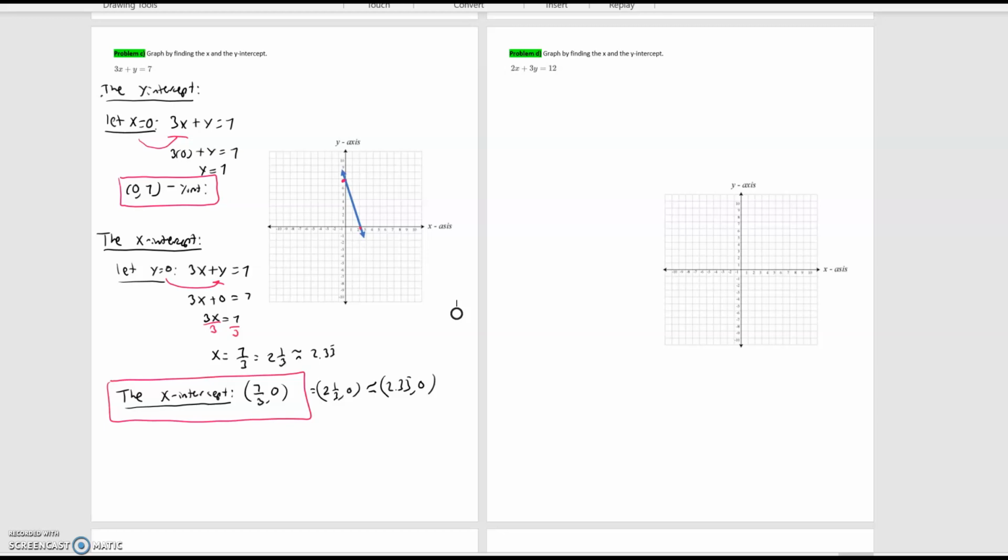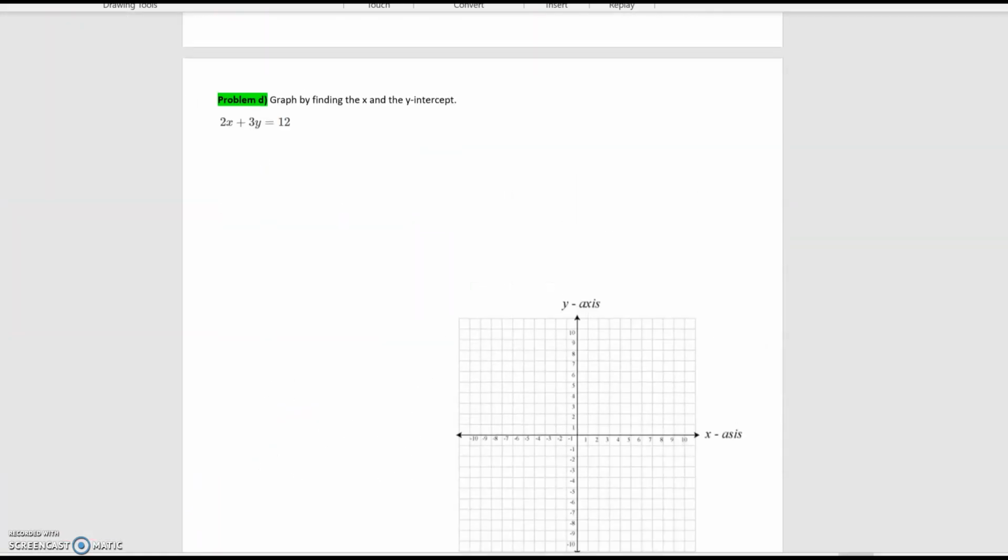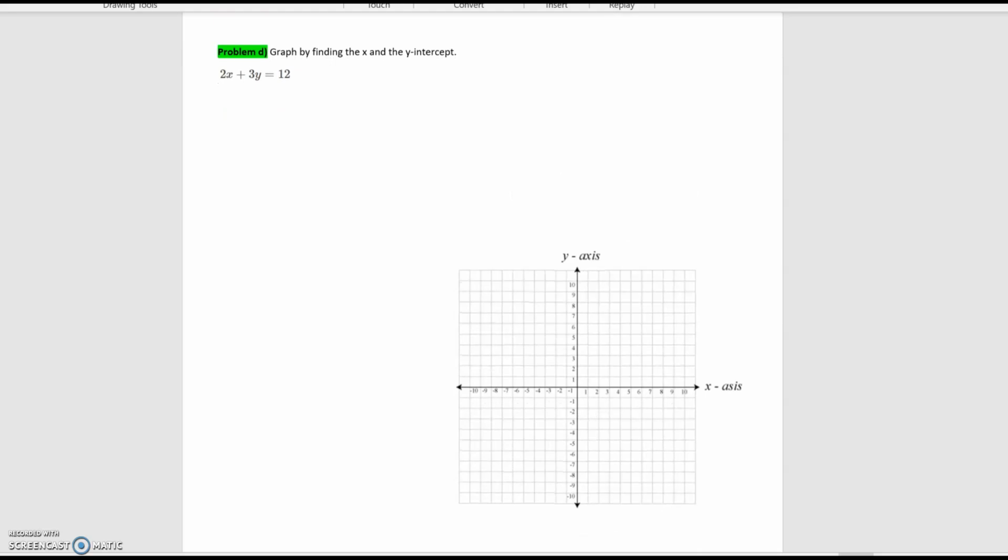Let's move to problem D, which is a very similar problem. On this one, let's start with the y-intercept. So you're going to let x equal to 0, and then we have 2x plus 3y is equal to 12.